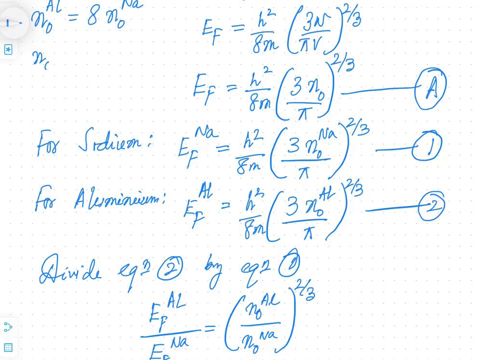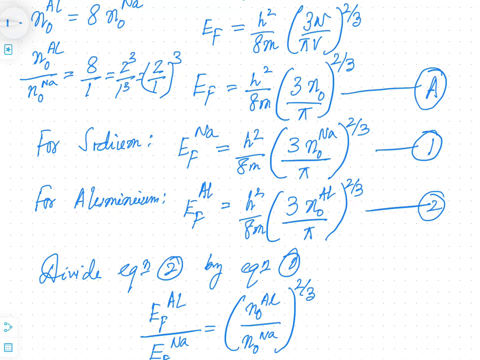Number density of aluminium by number density of sodium is equal to 8, which I can write as 8 by 1, which I can write further as 2 cube by 1 cube, then 2 by 1 the whole cube.